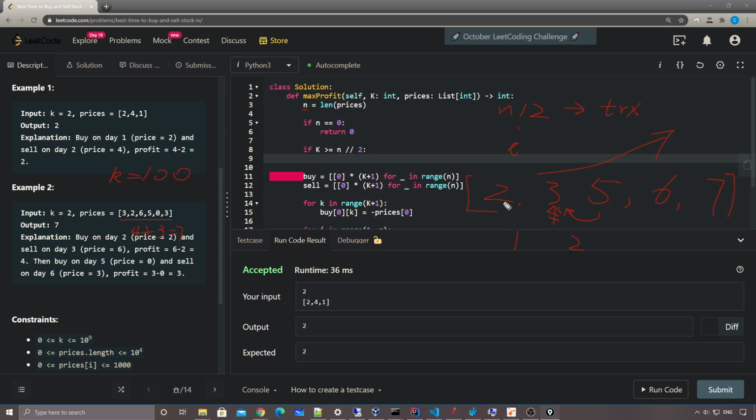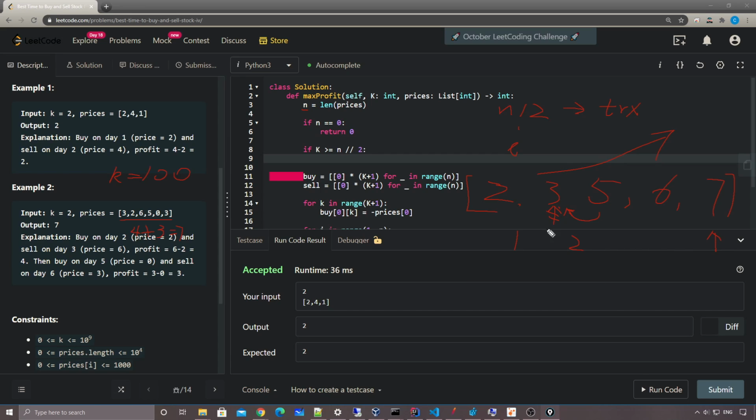So it means that I buy it at the first day, right? And do I sell it here? Probably not, because I see that I can still make profit, right? So here I'm not selling it until I'm reaching the end of this array, right?